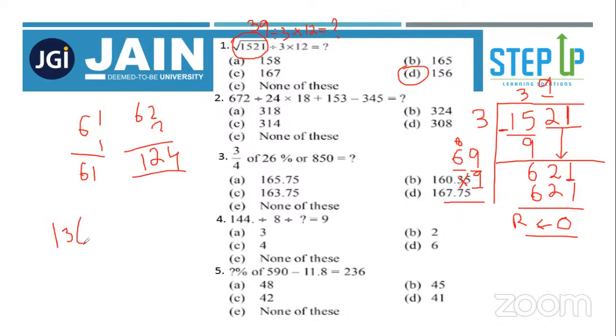So 13 times 12, I'll write it as 10 plus 2. I hope you remember this method. So 130 plus 26, so 156. Clear with that?